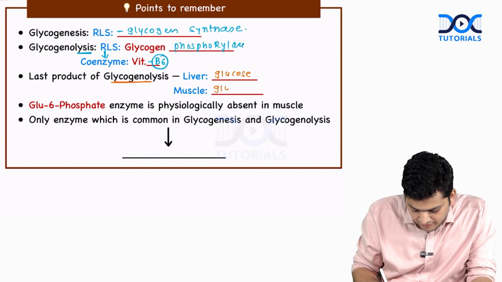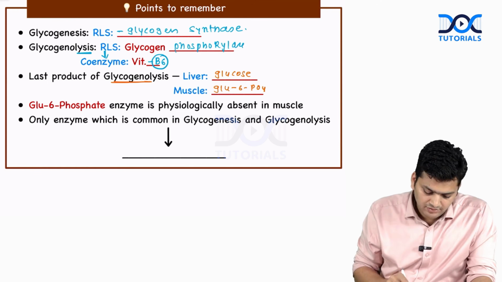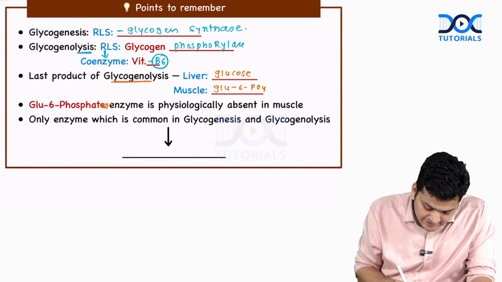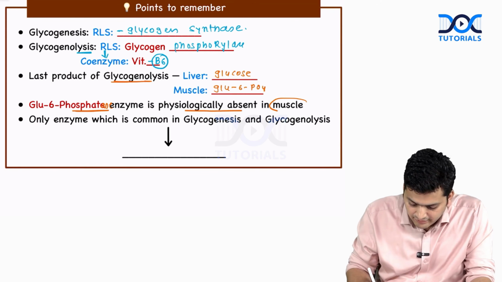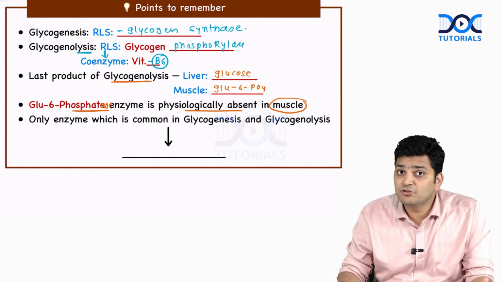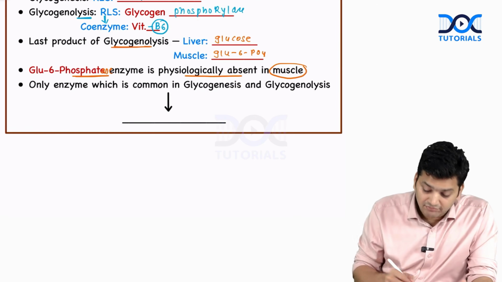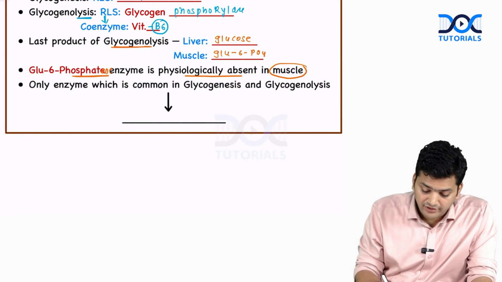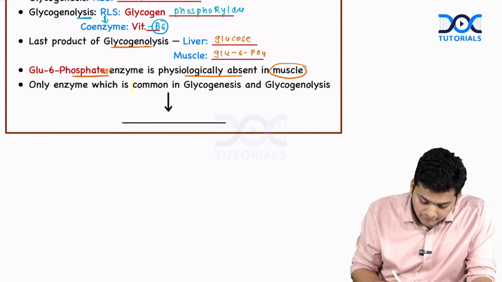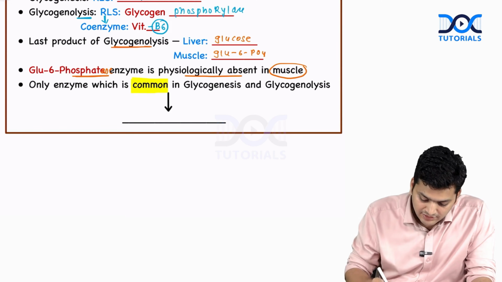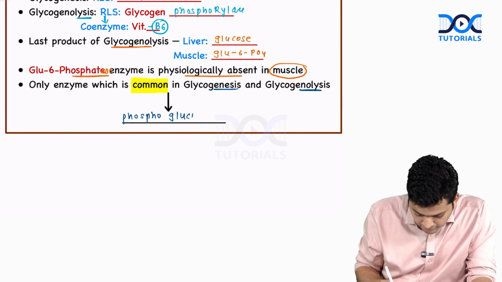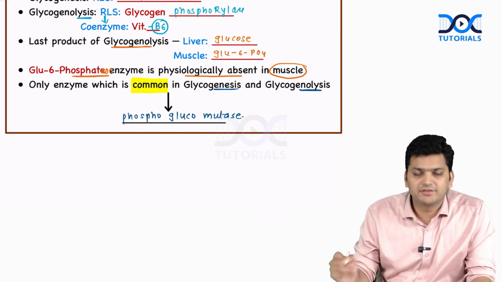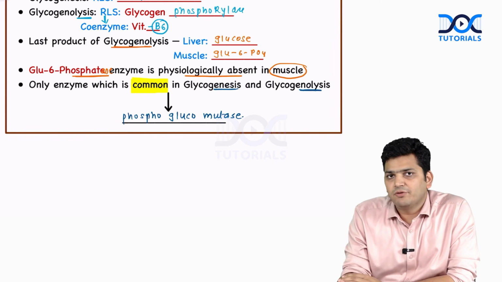But in the muscle, we generate glucose 6-phosphate. The glucose 6-phosphatase enzyme is physiologically absent in muscle, and that is why the last product is glucose 6-phosphate. The only enzyme common in glycogenesis and glycogenolysis is phosphoglucomutase. This is how things happen.